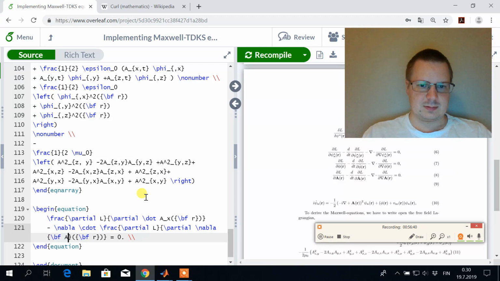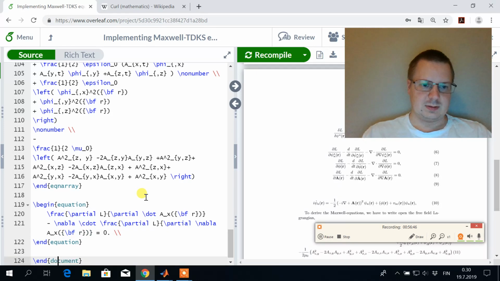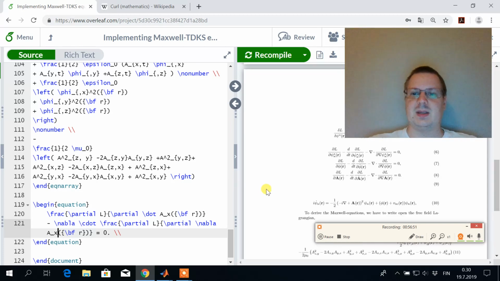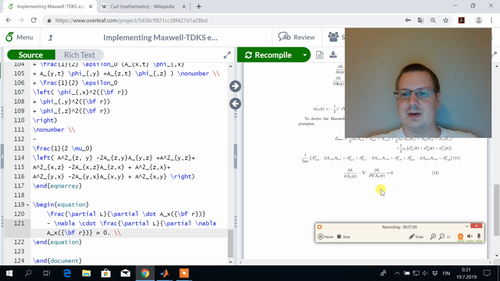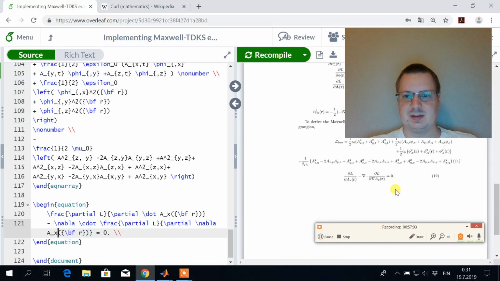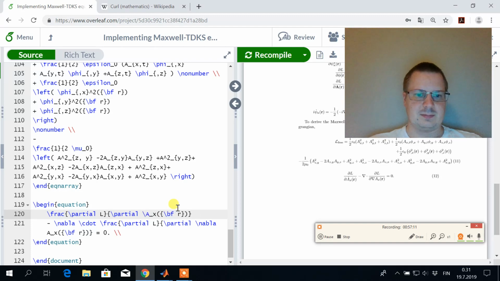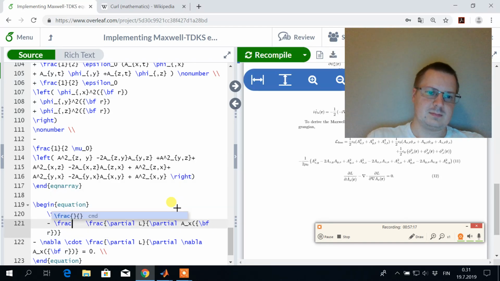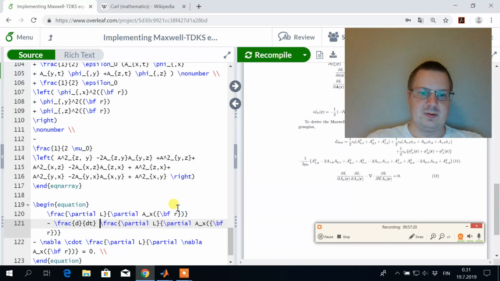And the Laplacian of ax. Otherwise the Laplacian of A is a tensor, and then we have the divergence of the tensor yielding a vector, and it's going to be way too complicated because I don't have the experience. So it will be a lot easier if I just do it term-wise for now.